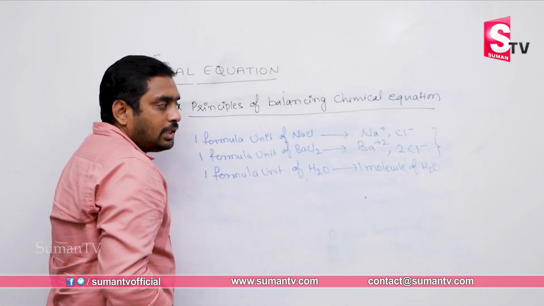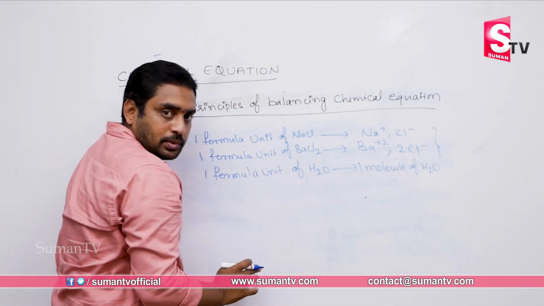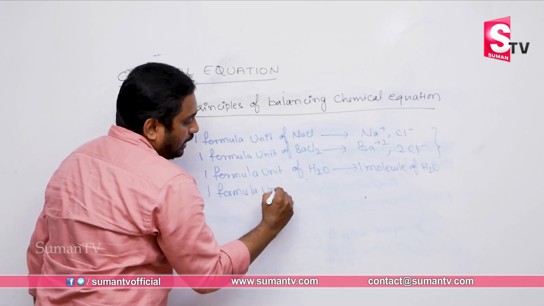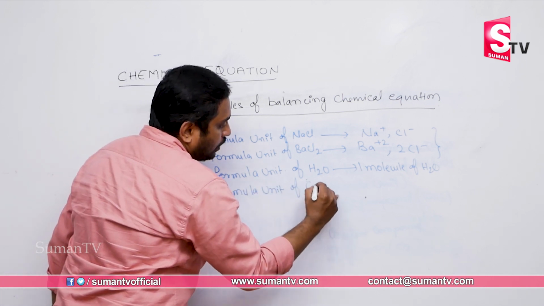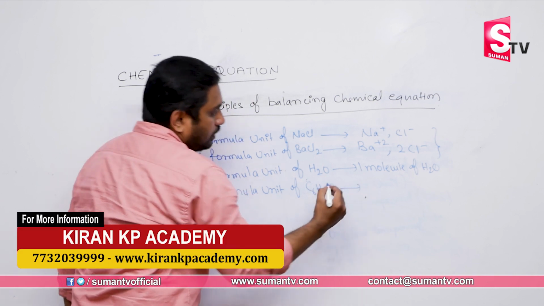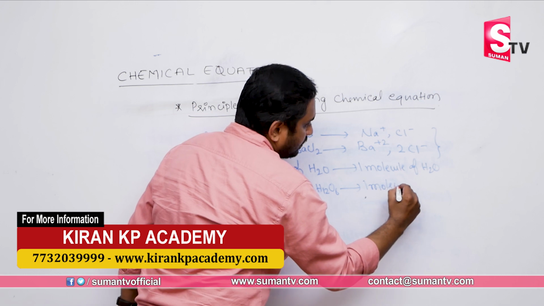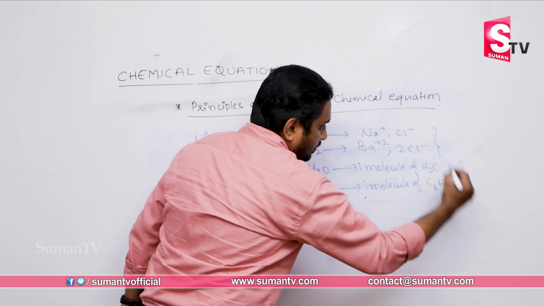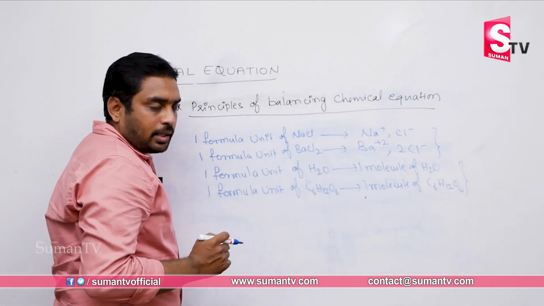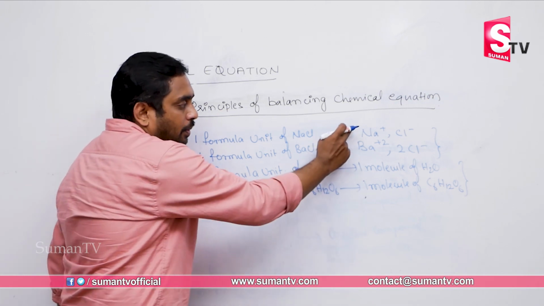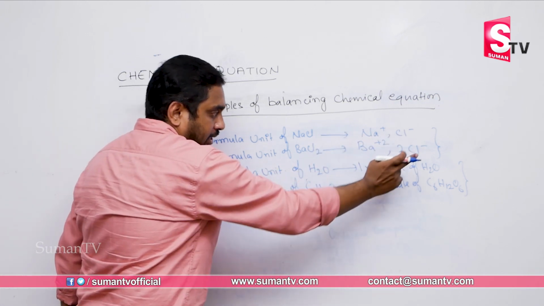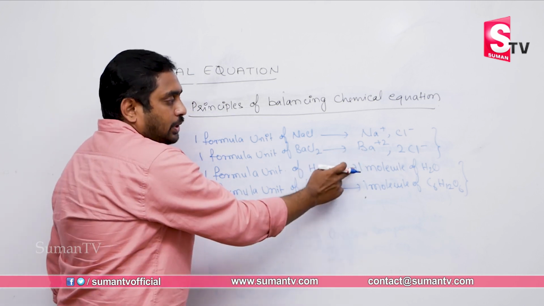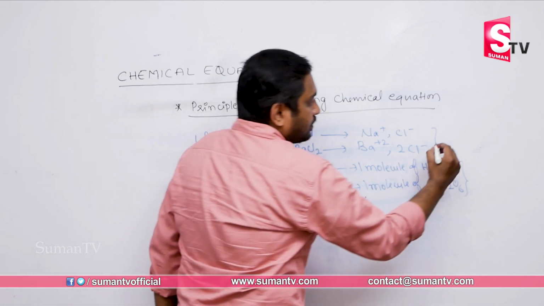It can't ionize. Why? It is a covalent compound. Next example: one formula unit of glucose equals one molecule of glucose, C6H12O6. These two are covalent compounds, and those two are ionic compounds. Ionic compounds are ionized into their respective species, but covalent compounds are not.